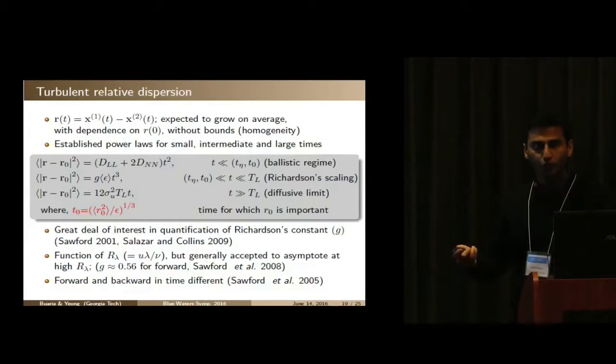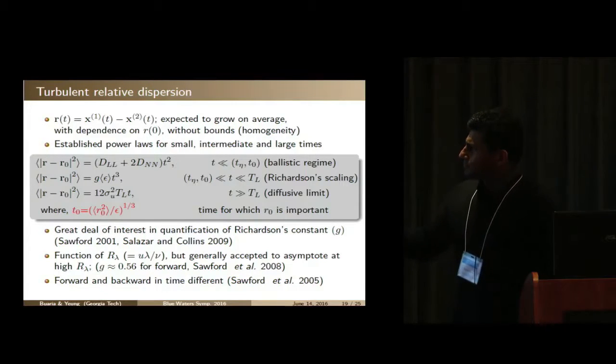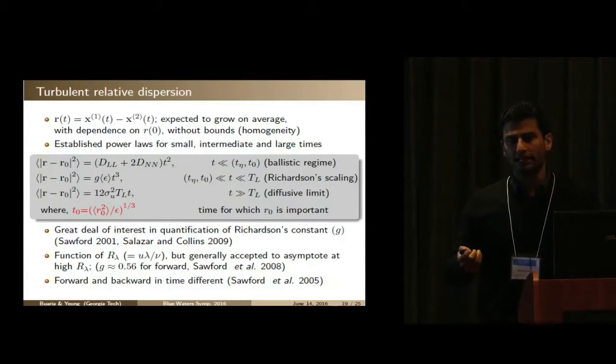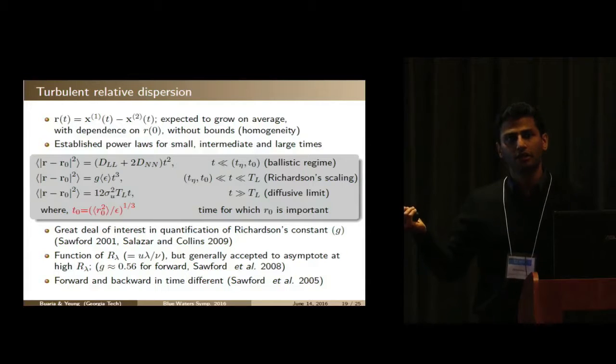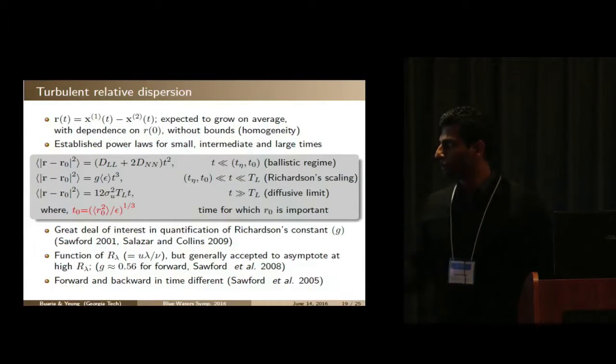This has been a very hot topic of investigation in literature, and one of the key things known for a long time is that it's forward and backward different. The Richardson scaling scales differently for the forward dispersion versus the backward dispersion.